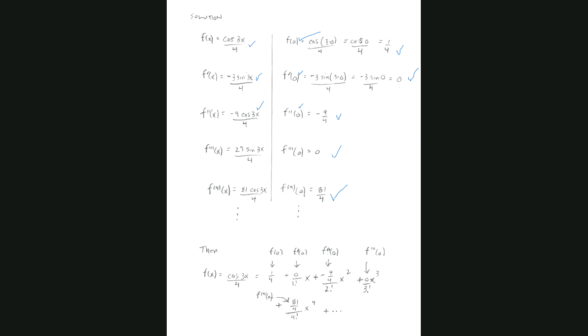What can you tell me about the odd derivatives? The first derivative, the third derivative, fifth derivative, seventh derivative, and so forth. What are those all going to equal? They're going to equal 0. That's right, John. That's an important observation.